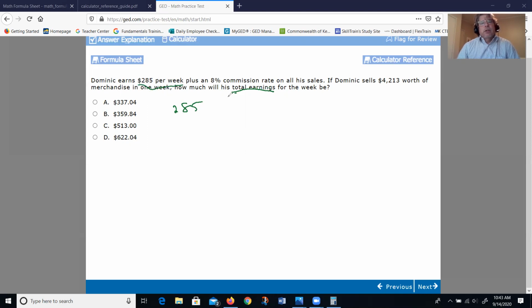Now, this 8% commission rate is where it gets to be interesting. Now, percents, basically, what we pick up on is the part can be determined by multiplying the base amount times the percent. So the part would actually be the commission. We don't know the actual commission, but we do know that he's going to make a commission off of the base amount, which is his $4,213.